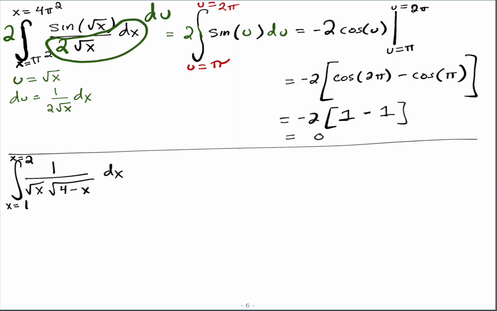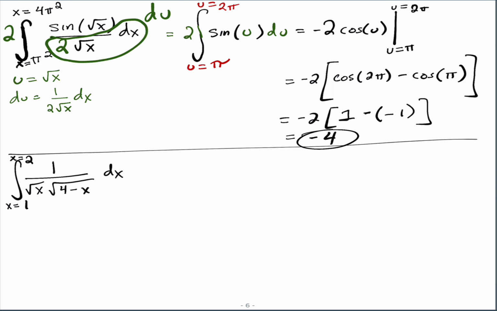Zero, right? Nope. It's not zero. Gotta be careful. Okay, so what's cosine of pi? Minus 1. Alright, so then minus 4, right? So make sure you guys are careful.